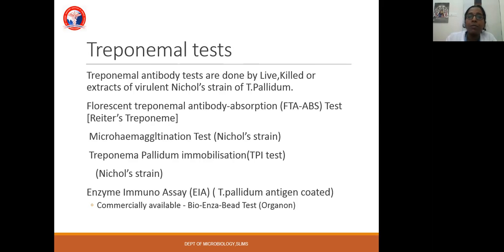For the specific tests, we use the Nichols strain of Treponema pallidum, and these can be extracts.